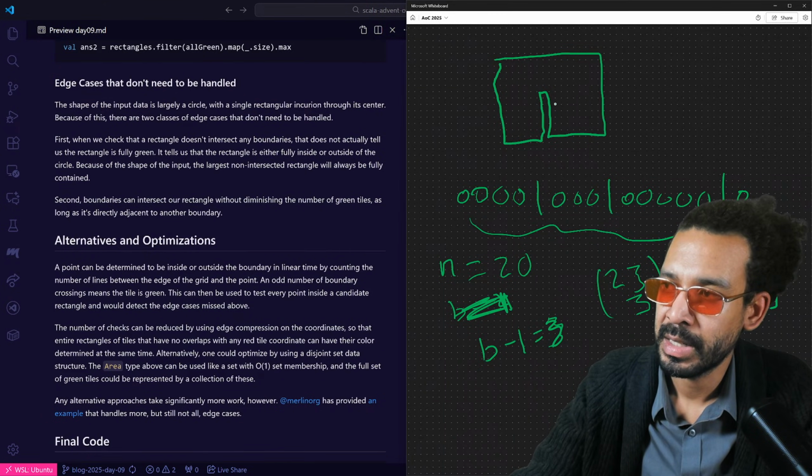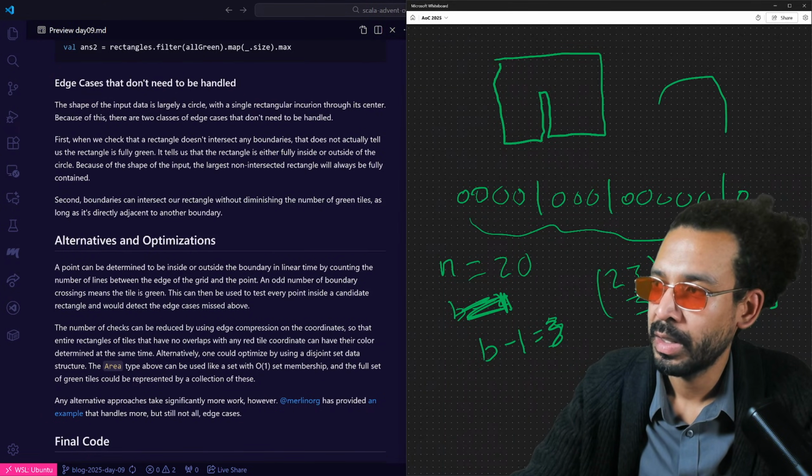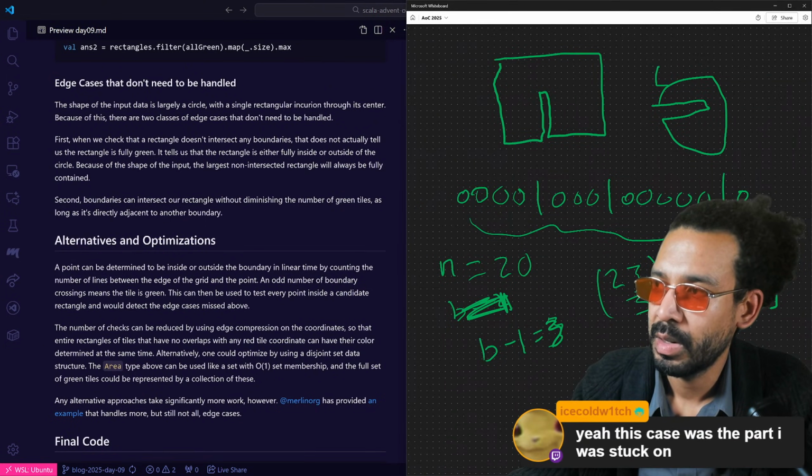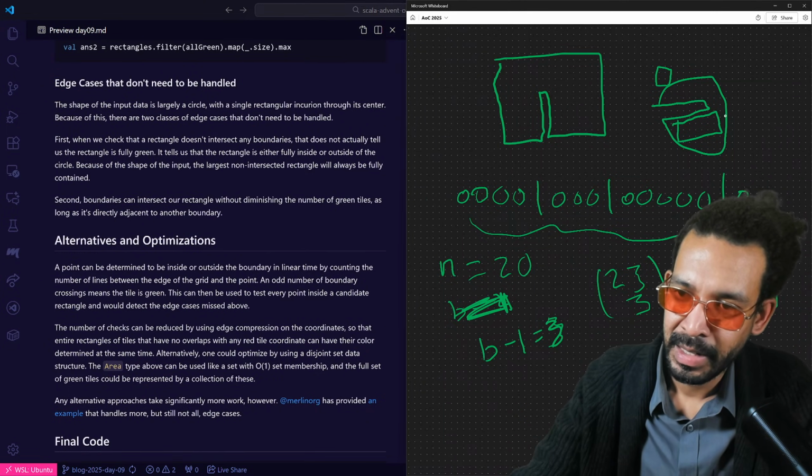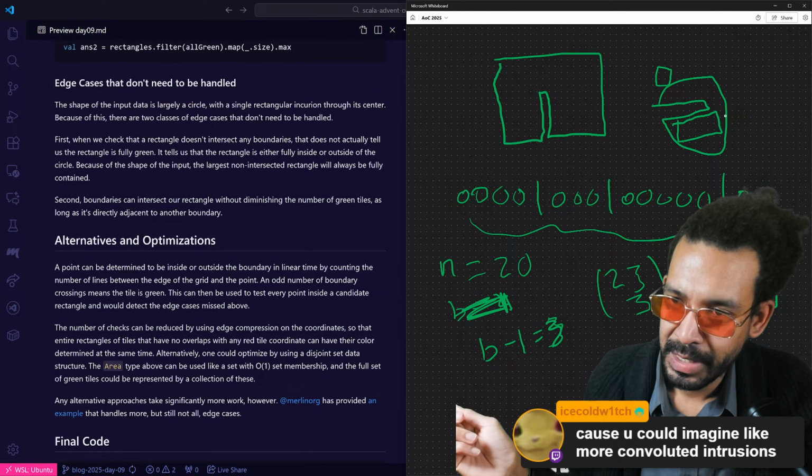So I don't handle that edge case, and I don't handle the case of rectangles on the outside. This would match my filter, but it's going to be much smaller than whatever this thing is here. So those edge cases don't need to be handled. And then I make a note on various optimizations you can use.